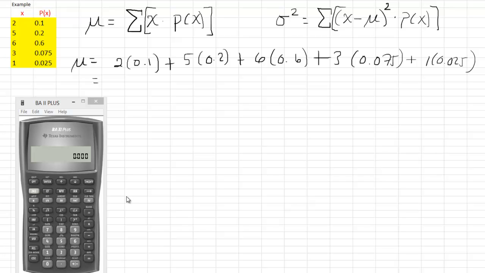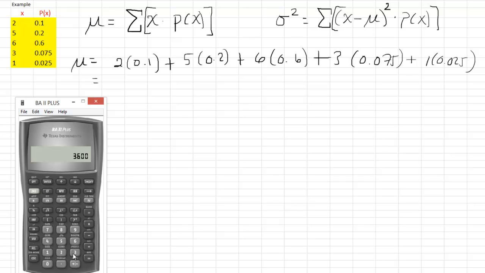If we use our calculator, it's just 2 times 0.1 equals. Let's just store it in memory location 1. Clear. We could do this all in a chain operation as well. 5 times 0.2 equals. Store 2. 6 times 0.6 equals.